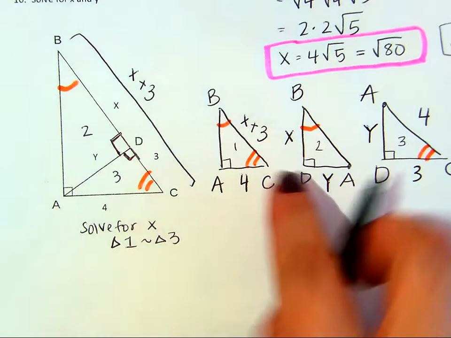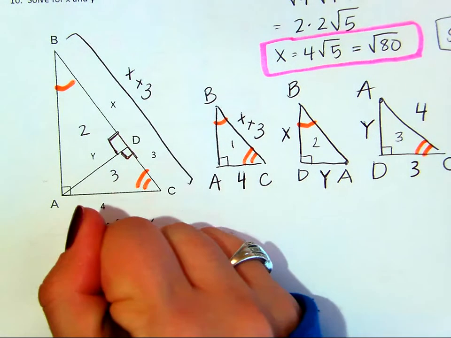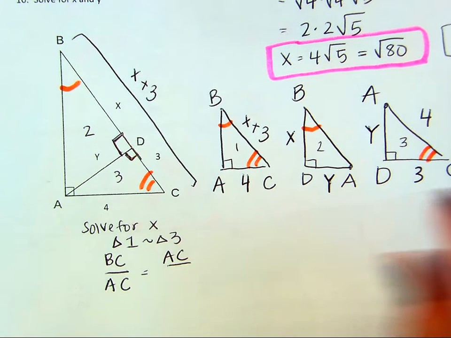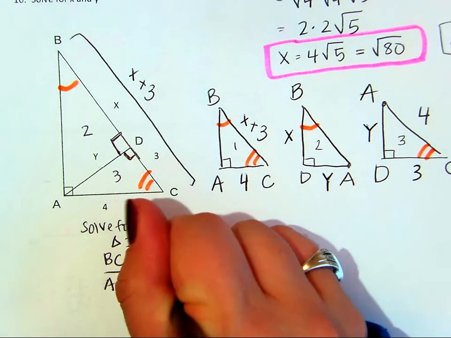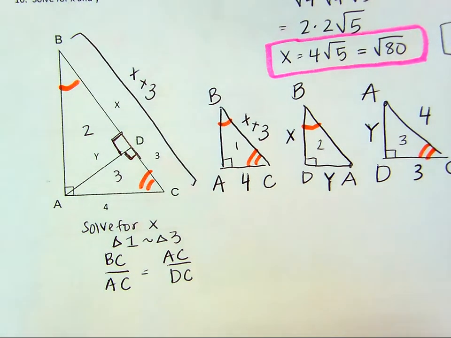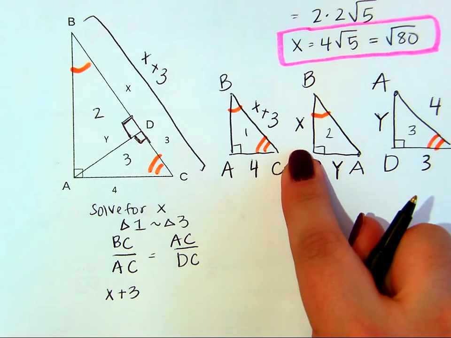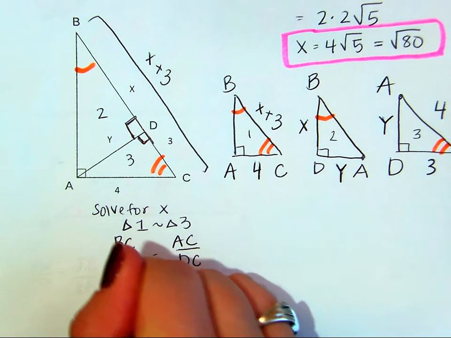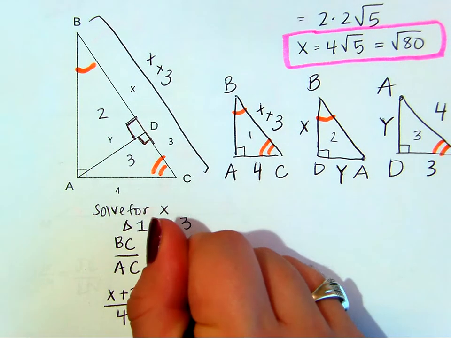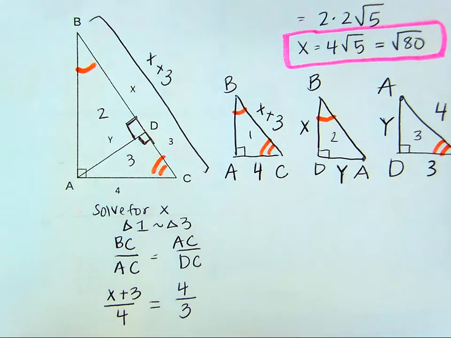BC on triangle 1 corresponds to AC on triangle 3, and AC on triangle 1 corresponds to DC on triangle 3. Now I can plug in the values. So I have X plus 3 over 4 equals AC, 4, over DC, 3.